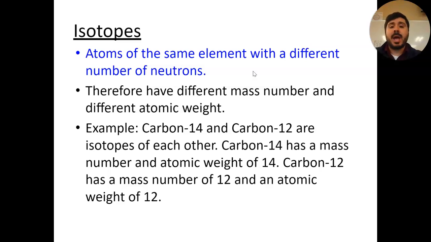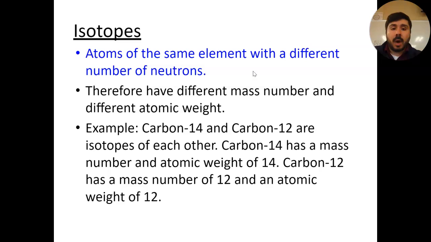So, for example, I have some atom in front of me that I'm able to manipulate, and I've got 6 protons inside of that atom. Well, if I remove 1 proton from that atom, going from 6 down to 5, that's no longer going to be an atom of what was originally carbon with 6 protons, and now has 5 protons. 5 protons means I've got an atom of boron. Whenever you change the number of protons of something, you are changing what element the atom is made up of. Now, if I change the number of neutrons, that is what gives rise to isotopes.